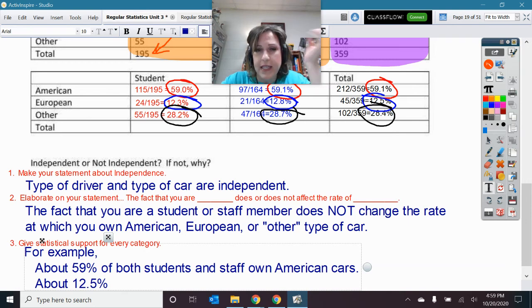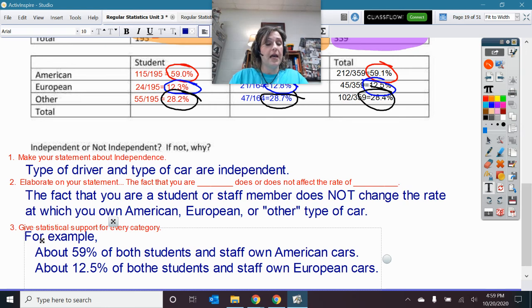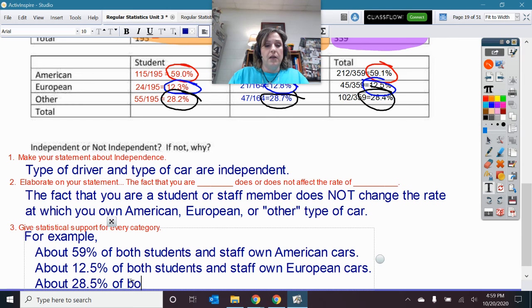So that's why I chose 12.5 instead of just saying 59. I might even say 28.5 for the next one. So I'll probably go to the closest half of a percent: whole percent, 59%, and then the halves if they're close. So about 12.5% of both students and staff own European cars. That's what we're saying. And then the final statistical support: about 28.5% of both students and staff own another type of car.